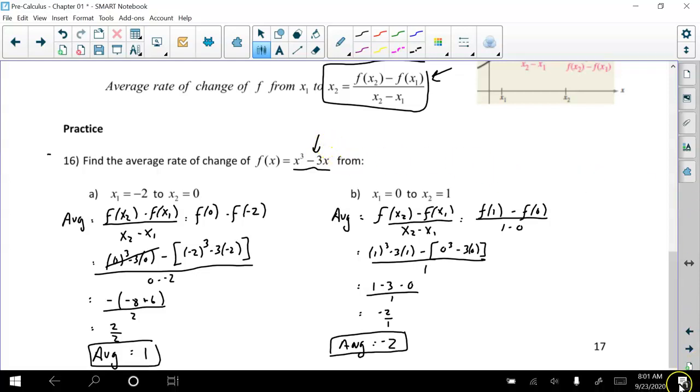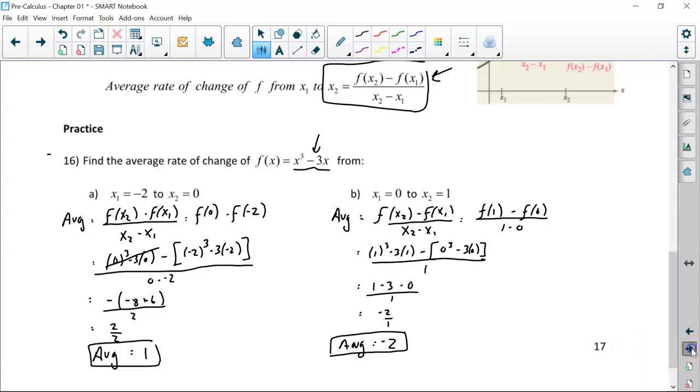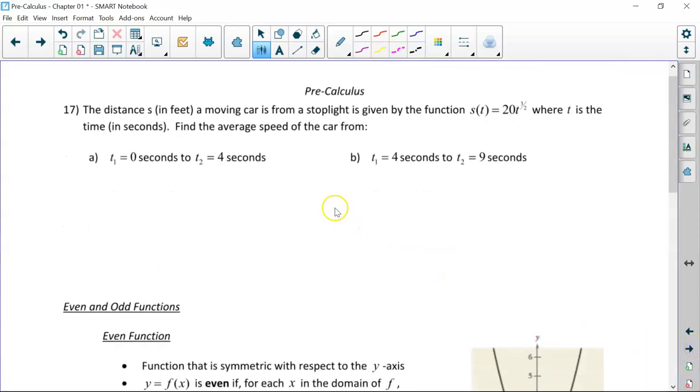We can do another couple examples. The distance s in feet a moving car is from a stoplight is given by the function s of t equals 20t to the 3 halves, where t is the time in seconds. We're going to find the average speed of the car. So here's what we're using. Remember, it's f of x sub 2 minus f of x sub 1 over x2 minus x1.